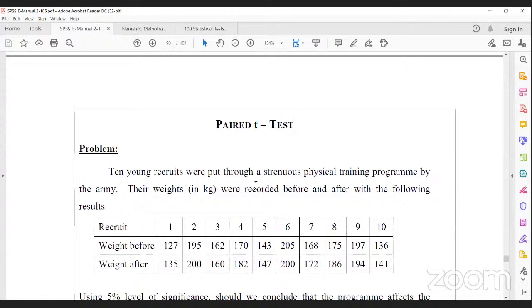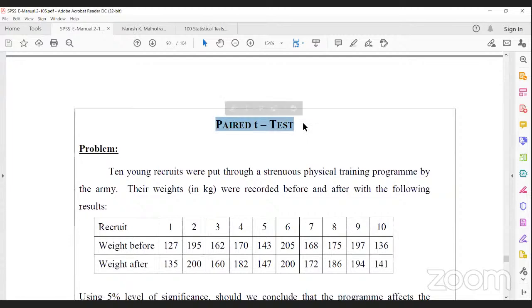Now what happens when we come across situations where the sample has two observations, one dependent on another? There comes the picture of the paired test.